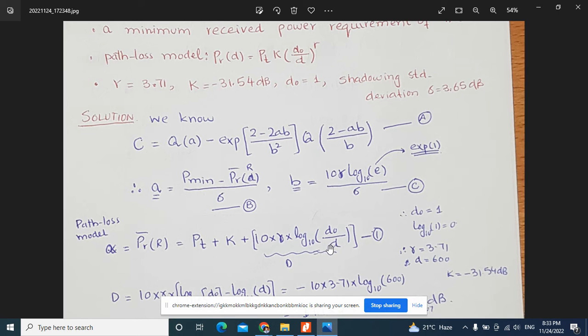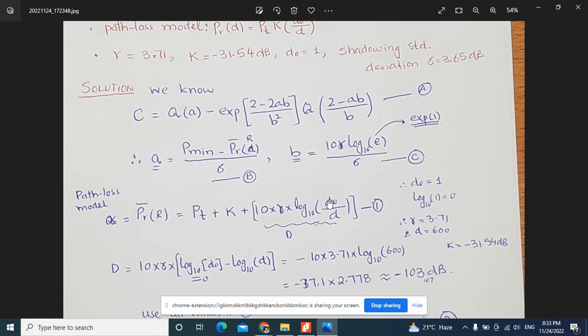Use this equation. Here d naught is equal to 1, and you know log 10 of 1 is equal to 0. This is a division ratio, and in logarithm a division can be opened with a minus sign.